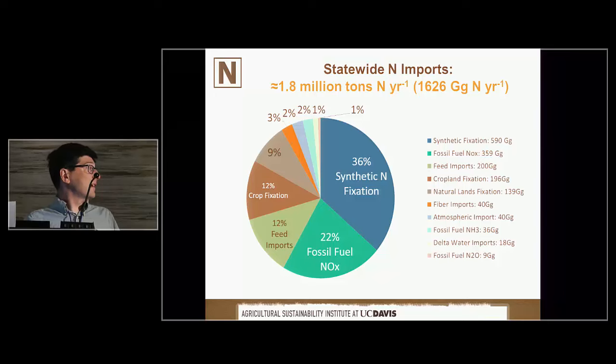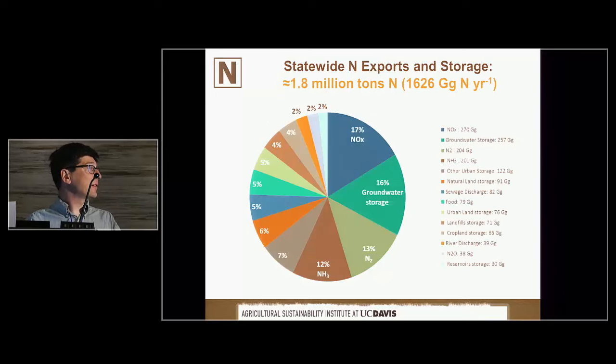And then at the state level, if we look at what's happening to that, a large fraction of that NOx combustion that goes up into the atmosphere just blows downwind out of the state. So 17% of the nitrogen that comes into the state blows downwind out of California. Next in the pie chart, 16% for groundwater storage. So a large fraction of the nitrogen coming into the state is ending up in groundwater.